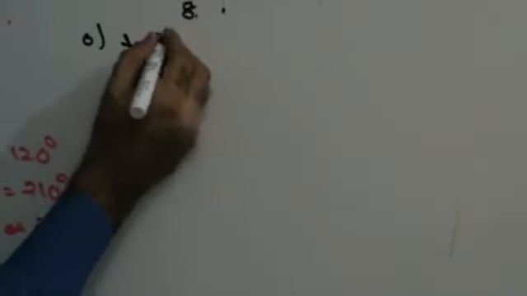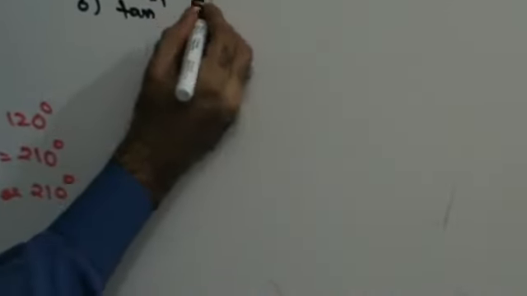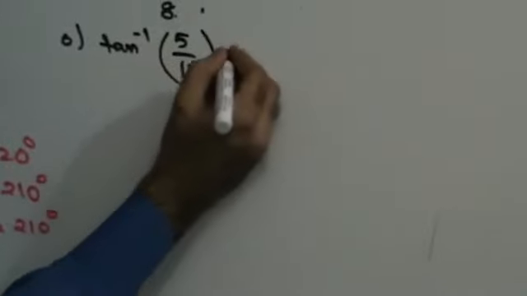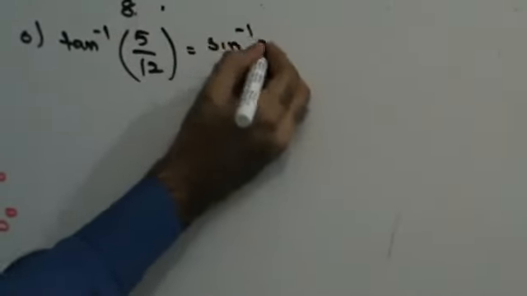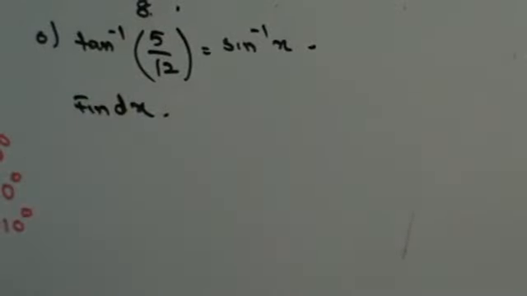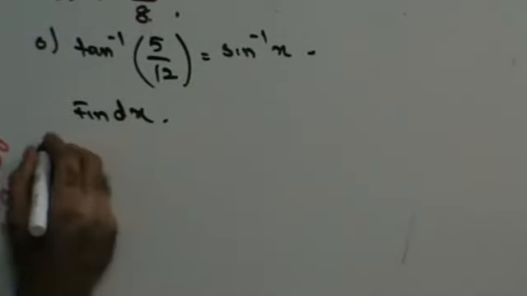Next, tan inverse of 5 by 12 is equal to sine inverse of x. Right? You have to find x. Now, here you have multiple inverse functions.